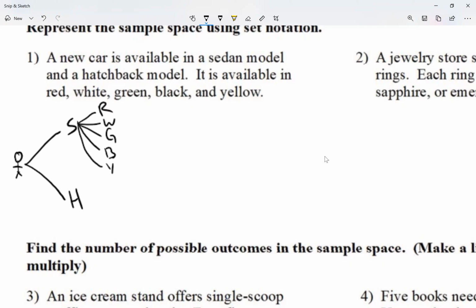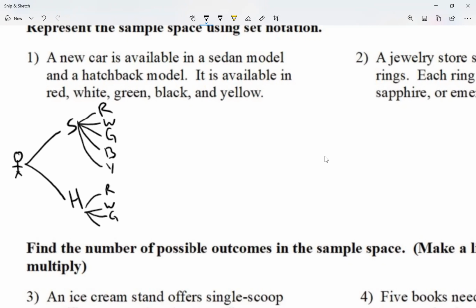If I choose a hatchback model, I still have to choose red, white, green, black, or yellow. Now, this is going to give me all my possible choices.